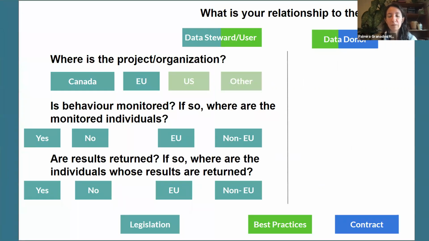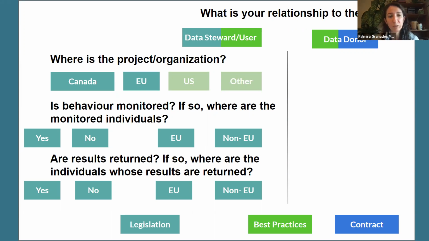The first set of questions refer to the relationship of the user with the data. We have two options here. The user could be a data donor, or they could be a data steward or data user. If the user is a data donor, there are no further questions. It directs the user to the contract and to the best practices, as you can see by the colors that we're using in this slide.